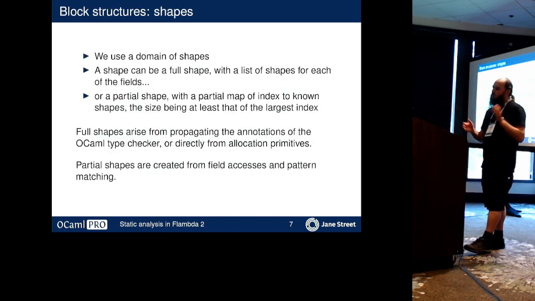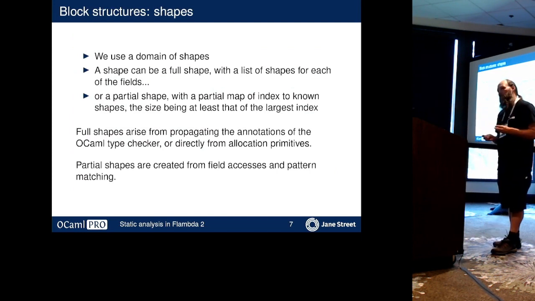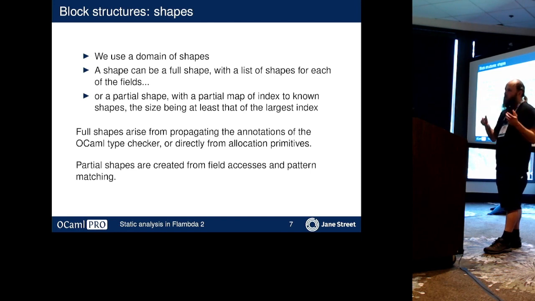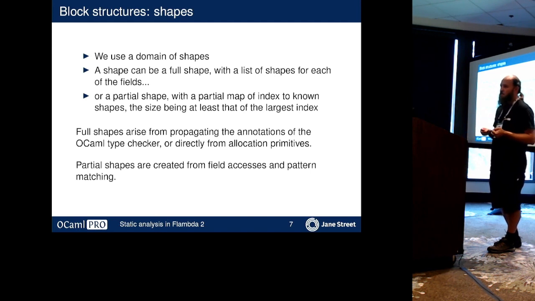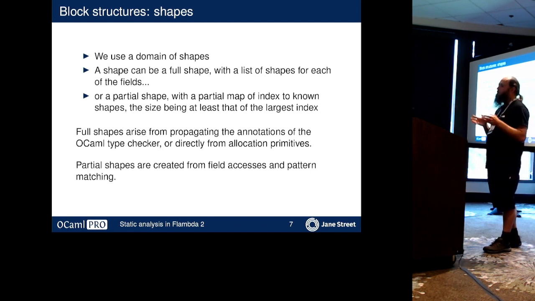So blocks, what I described is kind of a shaped domain. It's a very simple shaped domain, but it's a shaped domain, where we have two kinds of shapes that can represent a block. There are complete shapes that usually arise when you allocate a block or when you take information from the type checker, where you know that a block has a specific size, can have a specific tag, and maybe things about what is inside the block.